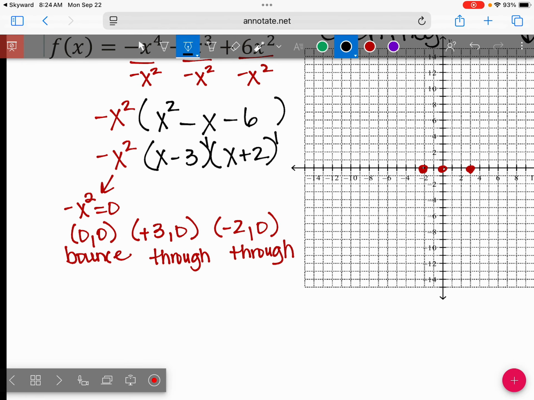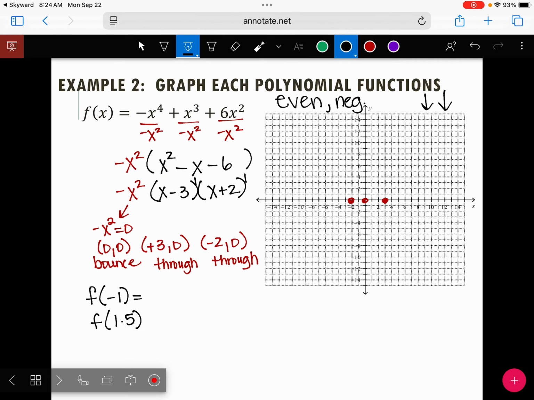So with your calculator, find f of negative 1 and f of positive 1.5. Now remember, if you're using your calculator, the negative and then inside of the parentheses is a negative 1.